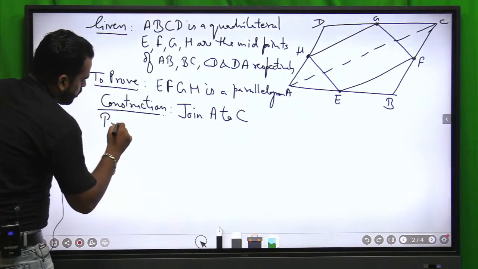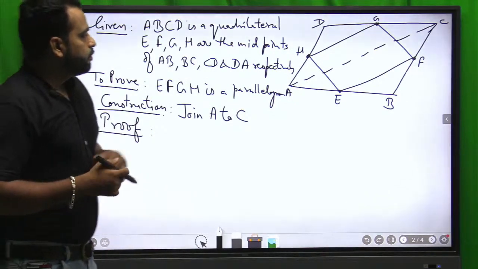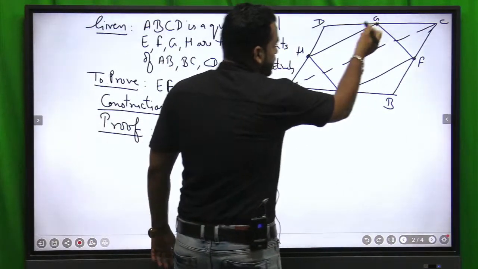Now we come to our main point. What is the proof that this is a parallelogram?